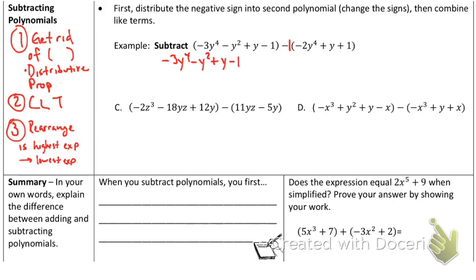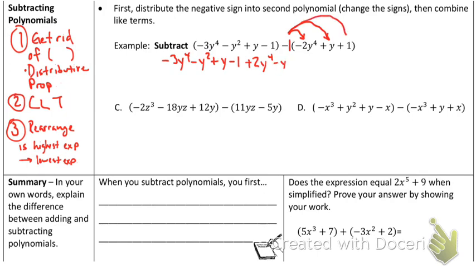So it's going to look something like this. Negative 1 times negative 2y to the fourth, that's going to give me a positive 2y to the fourth. And then negative 1 times positive y gives me negative y.